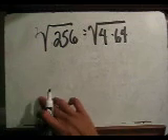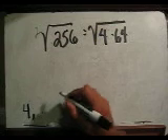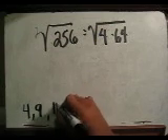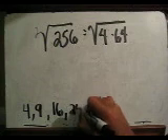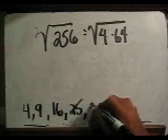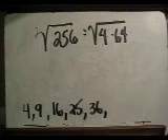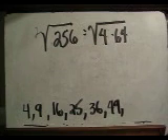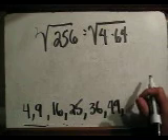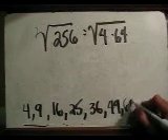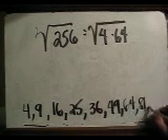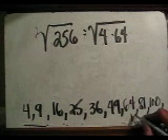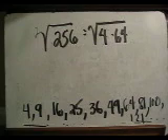So 2 squared is 4, 3 squared is 9, 4 squared is 16, 5 squared is 25, 6 squared is 36, 7 squared is 49, 8 squared is 64, 9 squared is 81, 100, and we go until like 121, and so on.